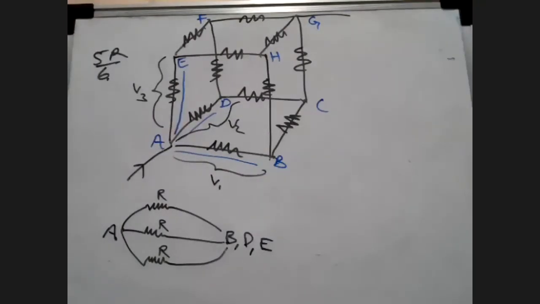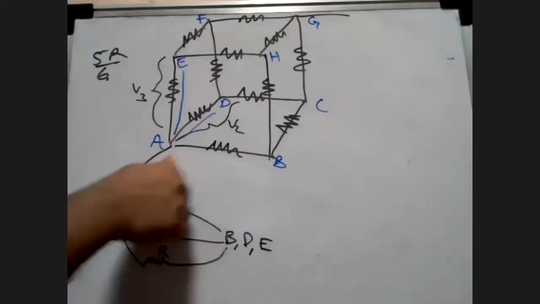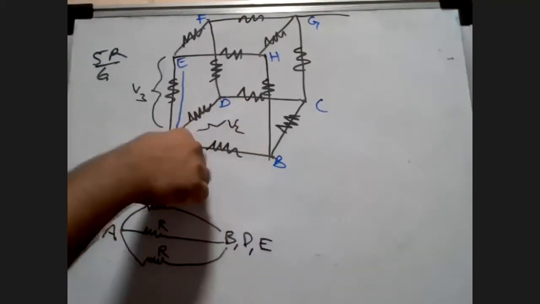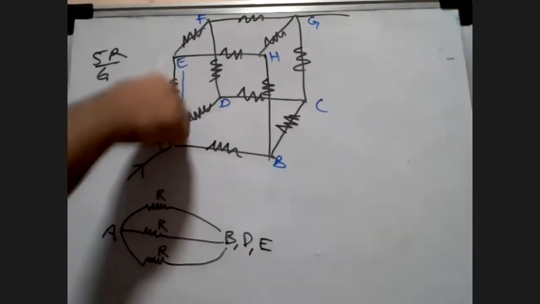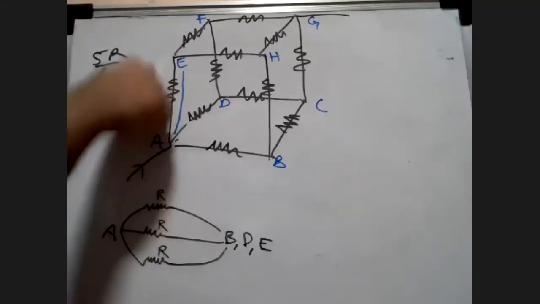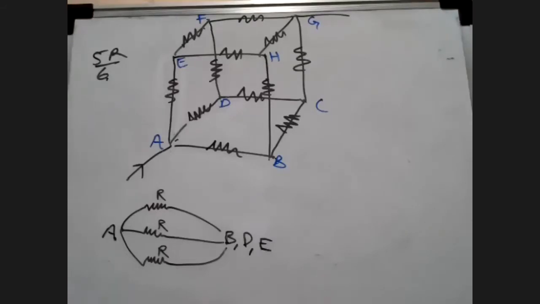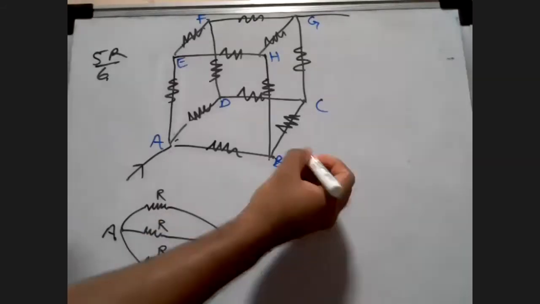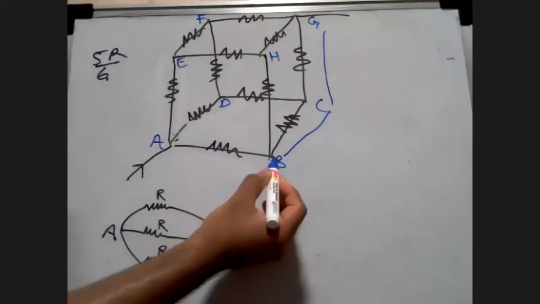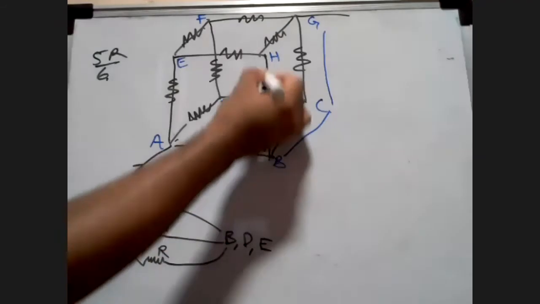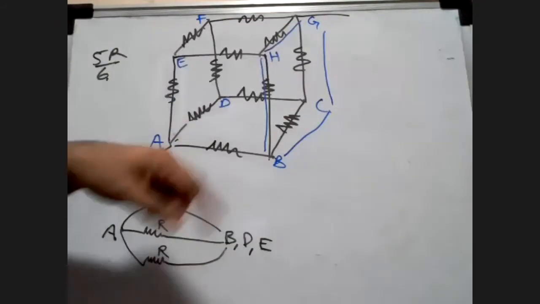So right now, what I want you to see is, if you forget all this, what I want to make a point is, there is another set of potential differences which are the same in nature. Can I say that from B, if I have to go to C, and from C to G, or if I have to go from B to H and H to G, there are how many resistors between these two paths?